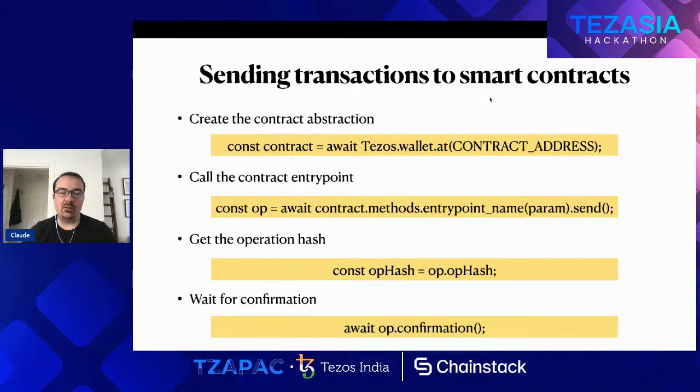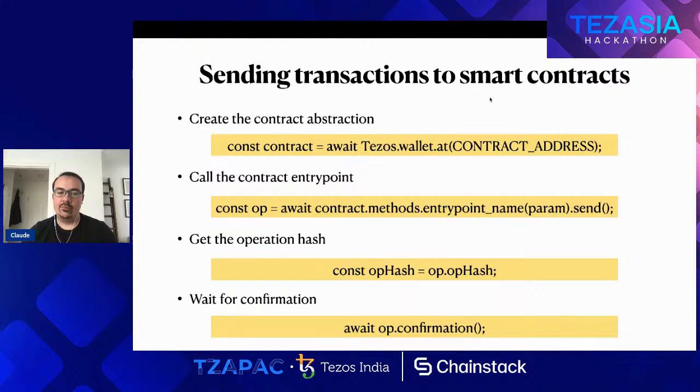So maybe that's something that can be interesting if you want to present the hash to your users while they're waiting for the operation to be included in the blockchain. Or you can also inject the hash into a URL and with the link, have a look at the operation in an indexer.